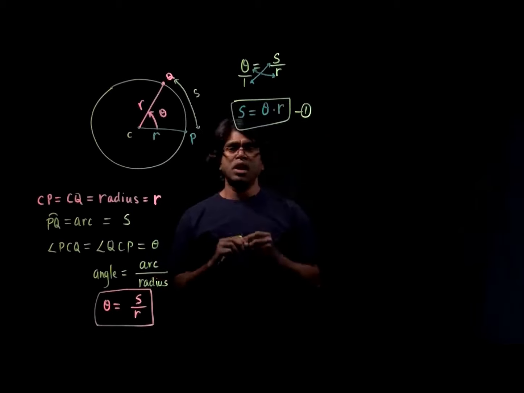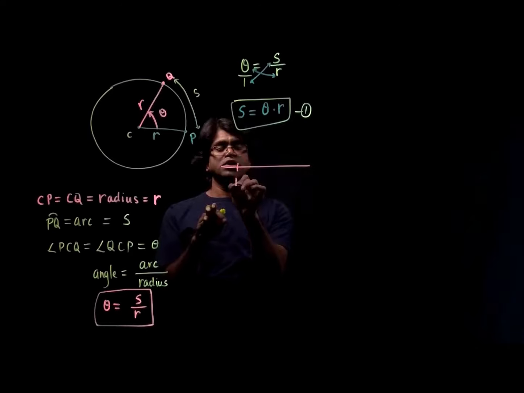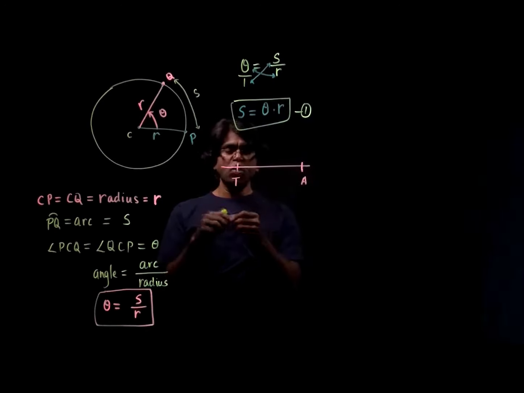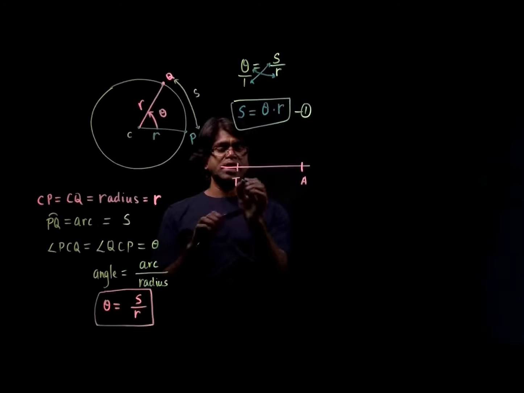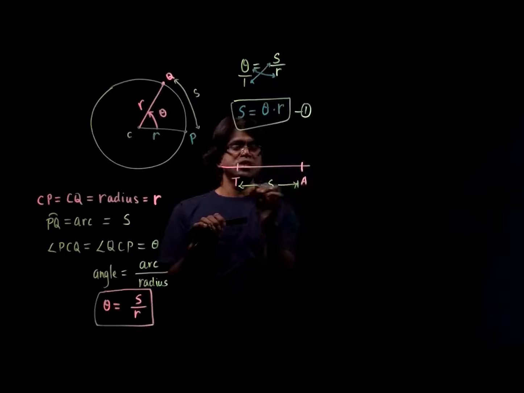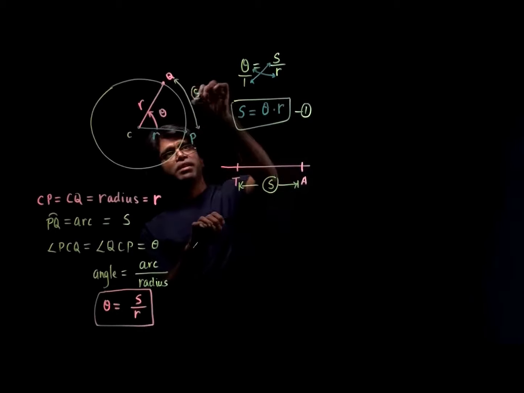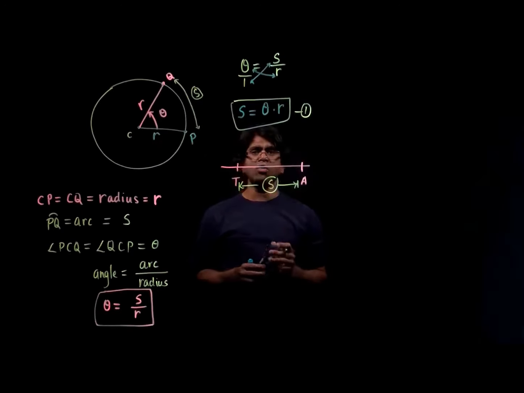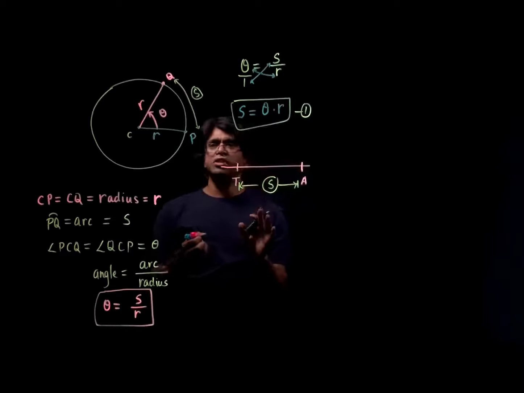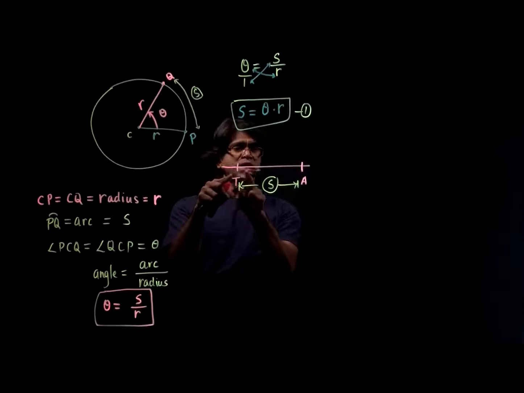Right? Now let's consider we are going from this point, which is point T, to point A. And when we go from point T to point A, let this distance be S. And this S is the same as this S. Then how do I find the linear velocity? As you can see, when we are rotating the wheel, we are going straight.